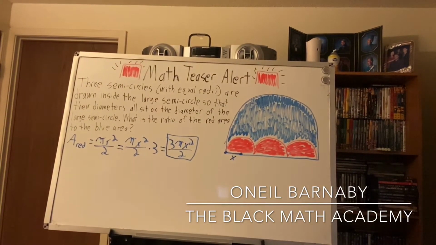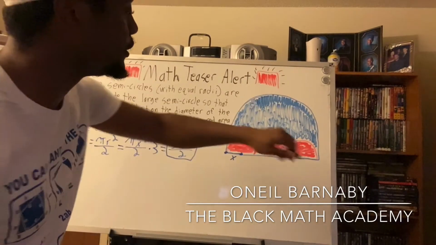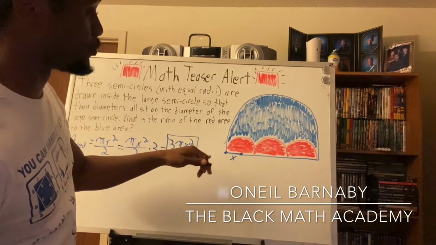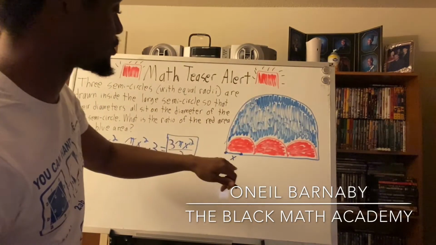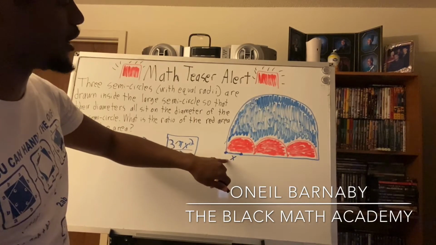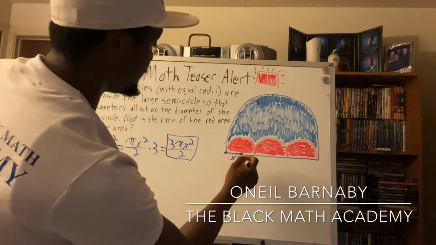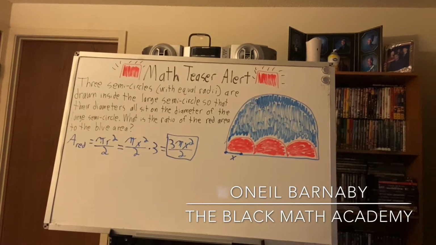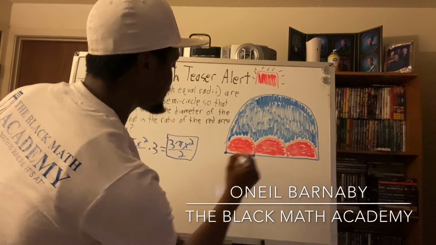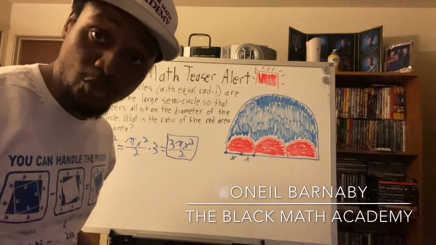Now, let's see if we can find the area of the blue. We'll use the same technique. We need to know the radius of the blue circle. We can use what we know about the radius of the red semicircle being x. If you apply this all the way through, that piece is x, and then, let me use a different color, from here to here is x as well. So the diameter of the red semicircle would be 2x.